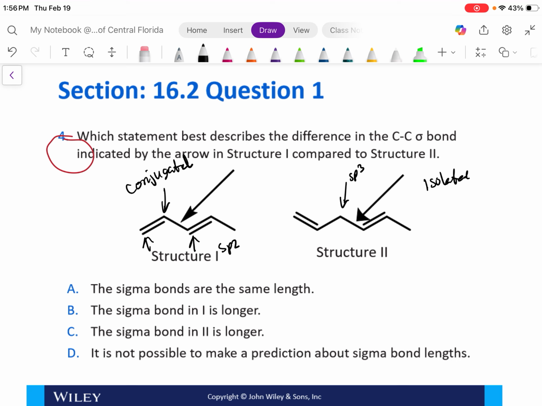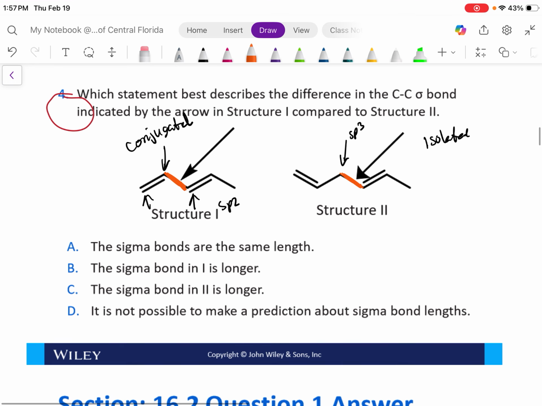So this bond length, we would expect to have the same bond length as this guy, but when we delve into it and actually take out the measuring tape and measure it, we see that in structure 1, that bond is going to be actually shorter than what we would expect.